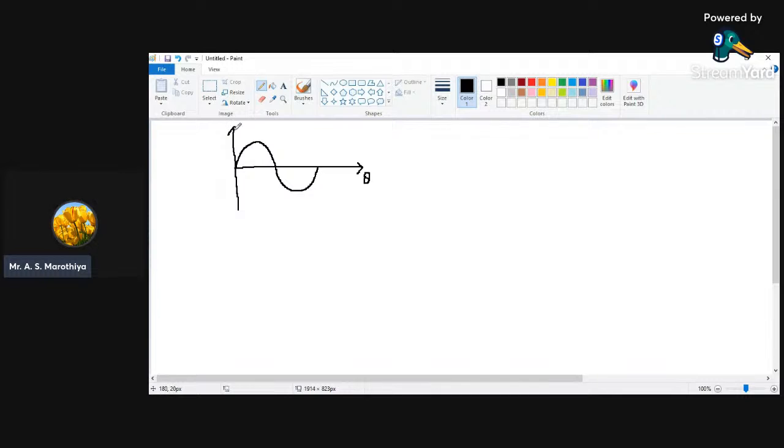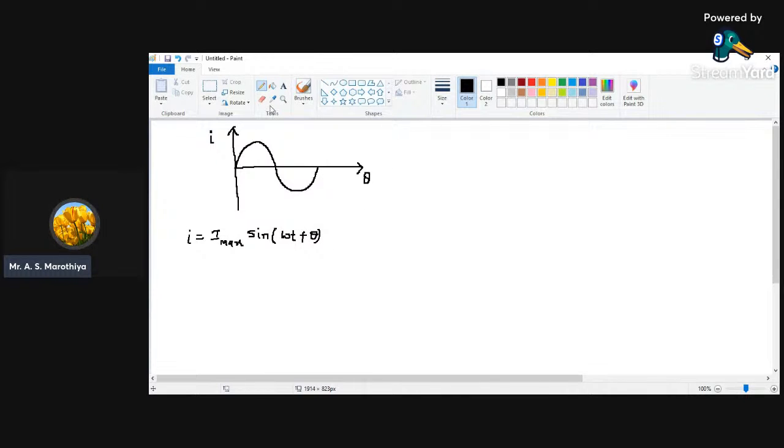Let us consider that the alternating quantity I am taking here is, say, I. The small i indicates the instantaneous value of this alternating quantity. And mathematically, I can represent this i as I max into sine of omega t plus theta.